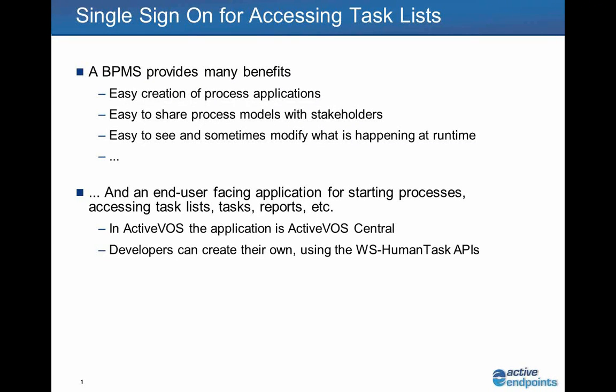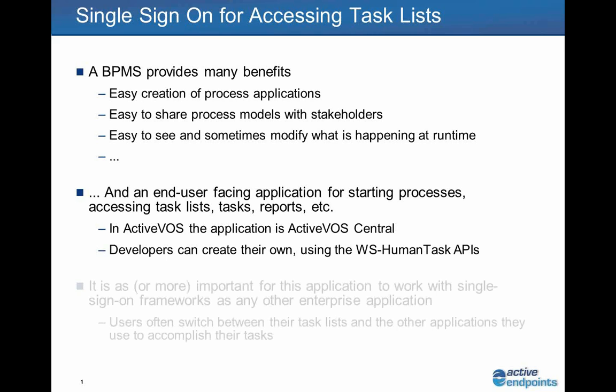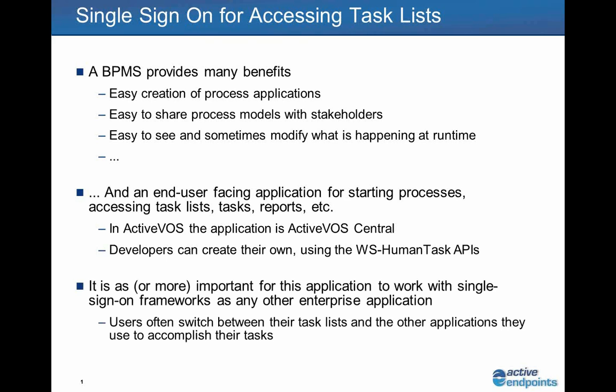Although developers can create their own end-user environment just using APIs like the standard WS Human Task API, it is as or more important for this task list application to work with single sign-on frameworks as any other enterprise application. When you work on tasks, you're often in an environment where you want to switch between other enterprise applications, so you're frequently flipping between the work list and some other application.